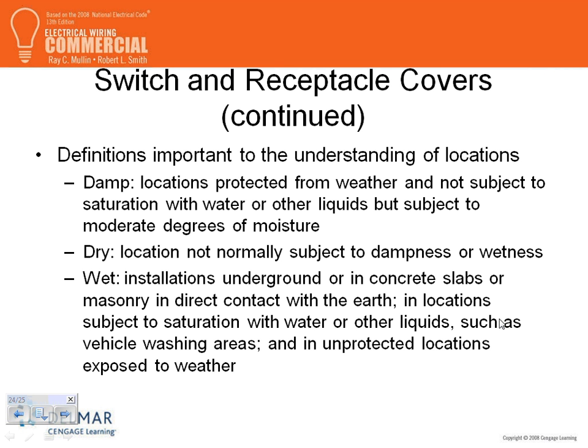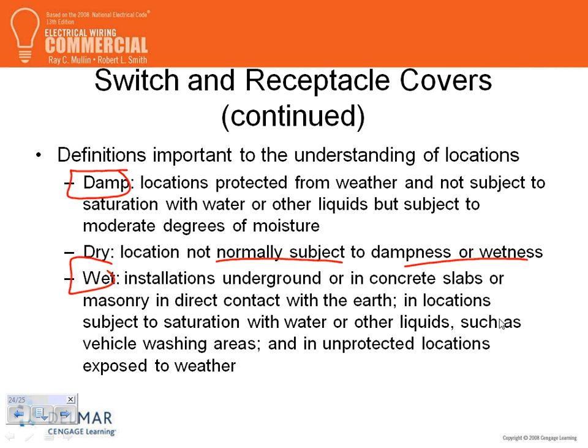Subject to wet location, dry location, and damp location. This is just a definition to identify the cover that you need in a damp or wet location. This is how they define what dampness and wetness are. Wet is saturated with water. Damp, well, you get wet sometimes. Dry is a location not normally subject to dampness or wetness.